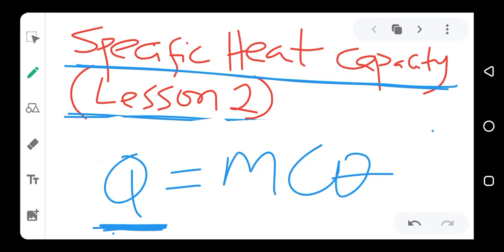Q is heat energy, and we know that energy is interconvertible, which means that we can convert energy from one form to another form. We can convert heat energy to electrical energy, and electrical energy to mechanical energy, and from mechanical energy to chemical energy, any form of energy that we can think of.